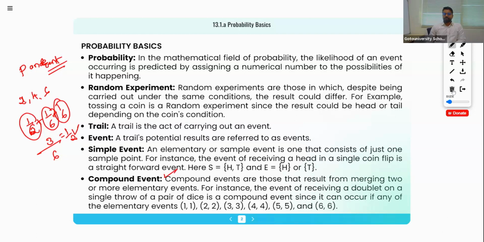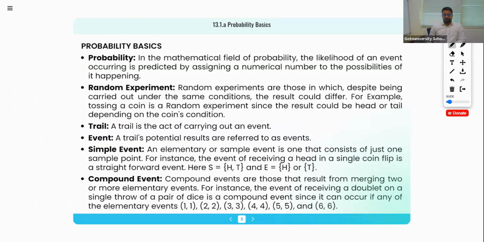Look at this example. For instance, the event of receiving a doublet on a single throw of a pair of dice is a compound event, since it can occur through any of several elementary events. What do you mean by a doublet? Getting a doublet means repeating the same number. So I can have 1 comma 1, 2 comma 2, 3 comma 3, 4 comma 4, 5 comma 5, as well as 6 comma 6.